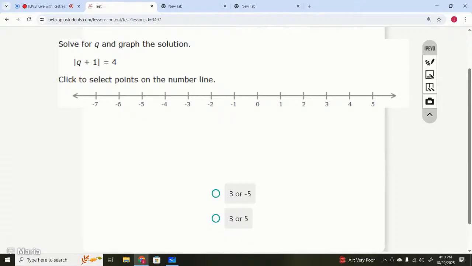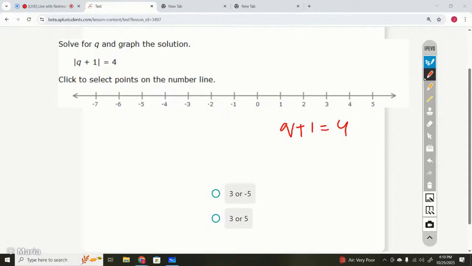Solve for q and graph the solution. That is q plus 1 equals 4 and negative q plus 1 equals 4. So q equals 4 minus 1.